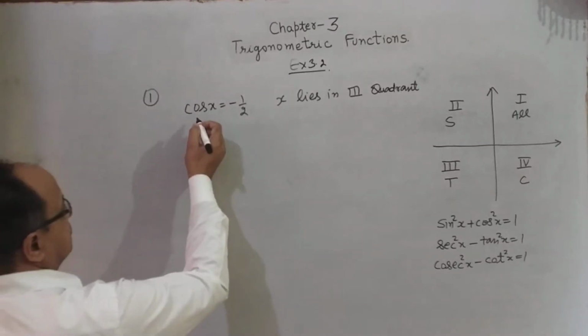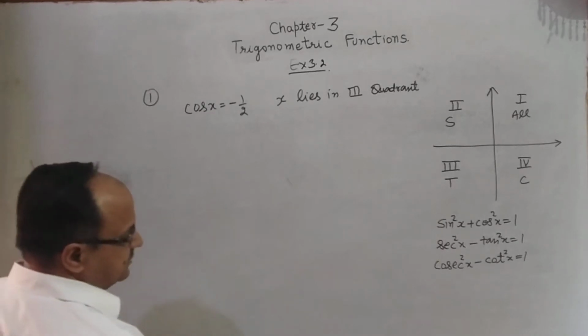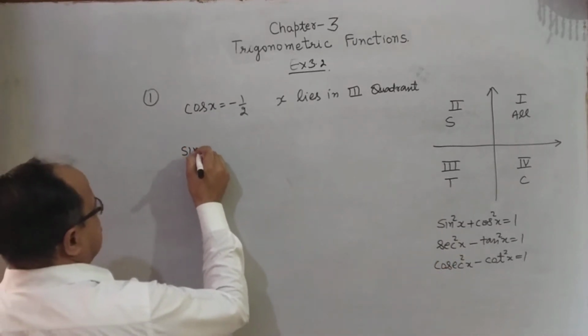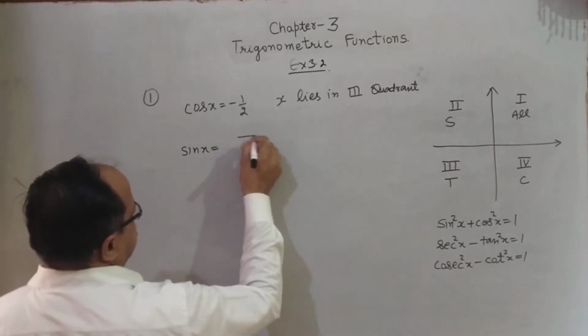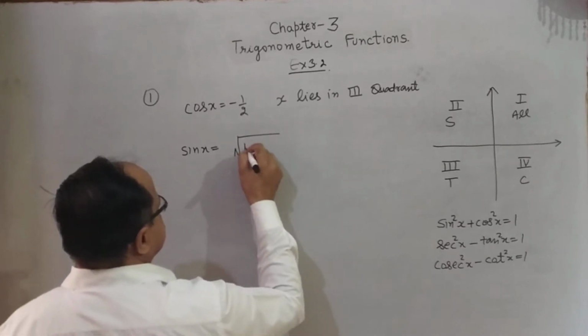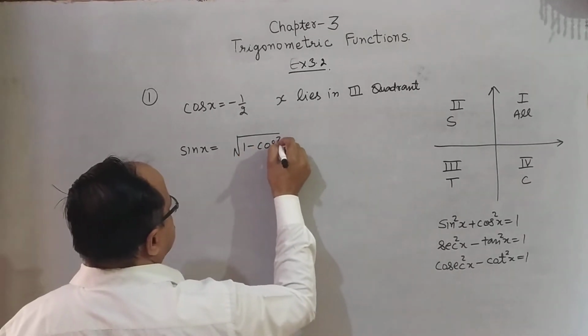Now, you know that cos x is equal to minus 1 by 2. So with the help of this, tell me sin x. Sin x is square root of 1 minus cos square x.